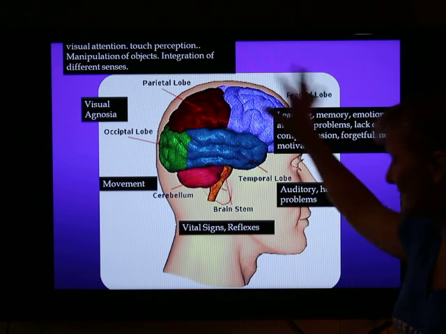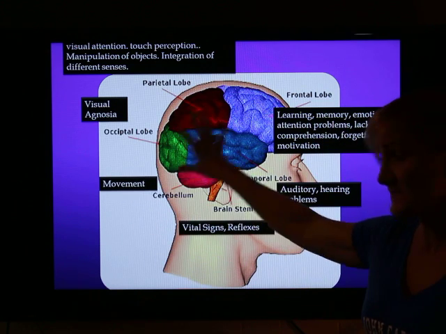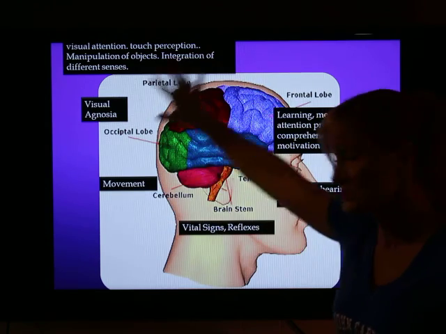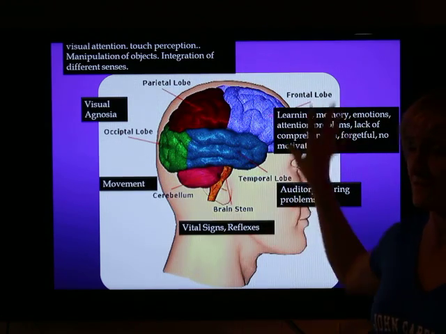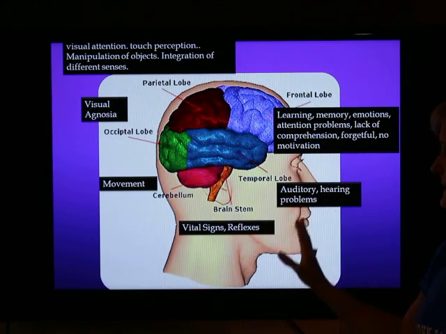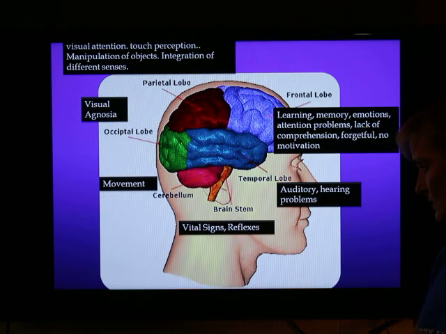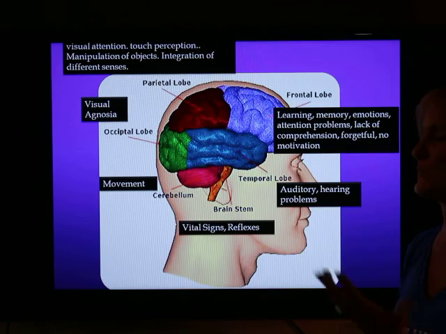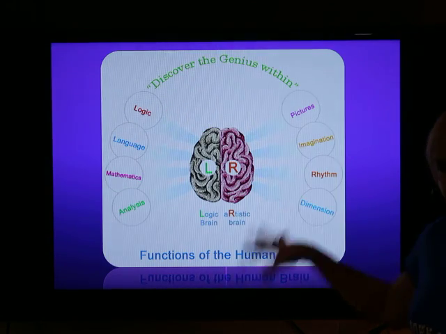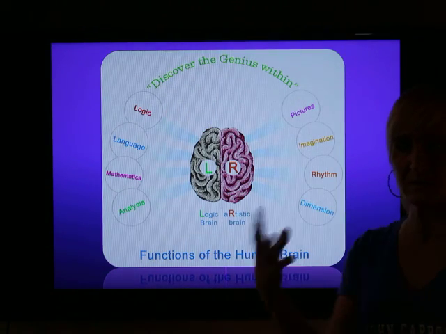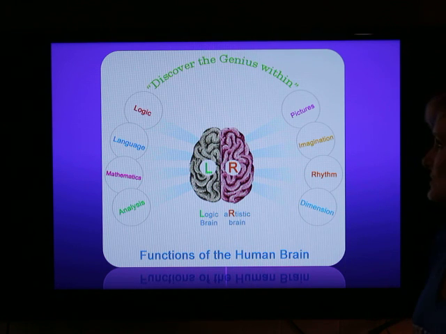This gets really complicated, but this is a very general, very broad, very simplistic representation of what these areas of the brain do. But it's so important because when your patient has a problem with a certain area of their brain, you need to know what to look for as a nurse.